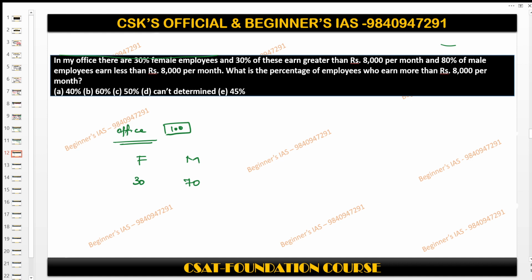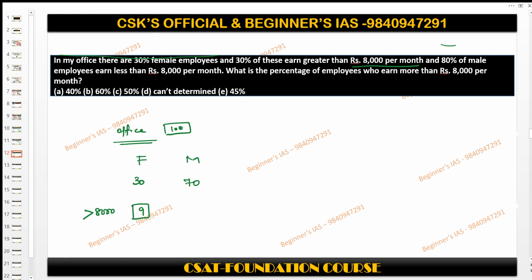Then 30% of them earn greater than 8,000. 9% of females. So therefore greater than 8,000, the total is 9 here. Okay.